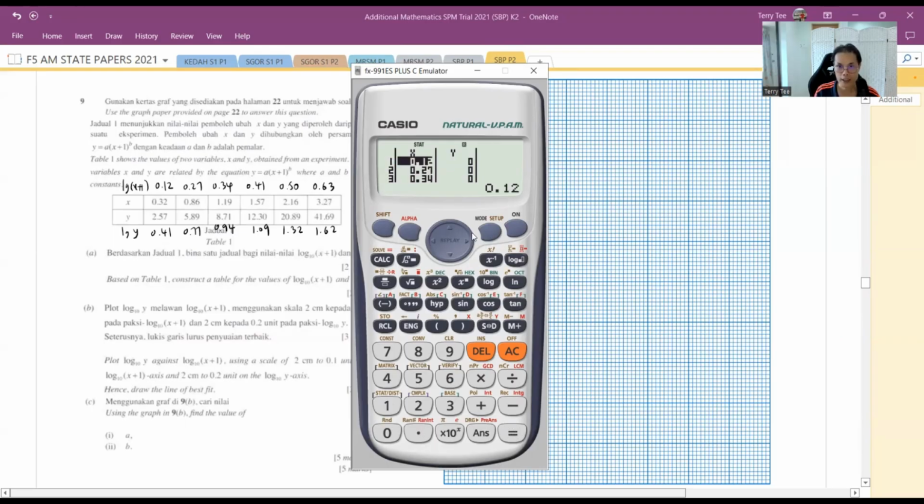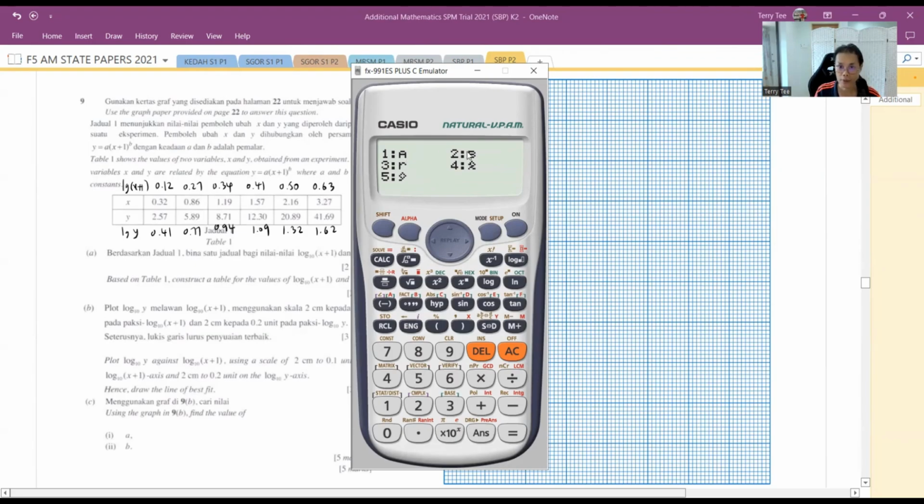Then your y values: 0.41, 0.77, 0.94, 1.09, 1.32, and lastly 1.62. Once you key in everything, you press AC first, shift 1 for stats, go to 5 for regression.